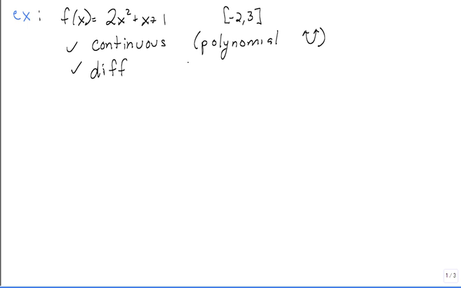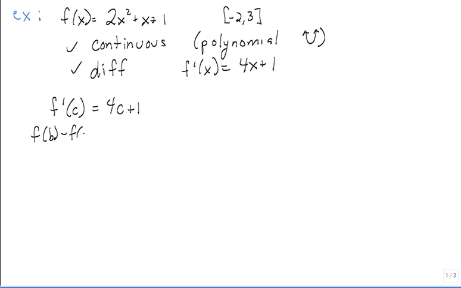Really on the whole real numbers, because f prime of x is 4x plus 1. And so f prime at c is 4c plus 1, and f of b minus f of a over b minus a is f of 3 minus f of negative 2 over 3 minus negative 2.